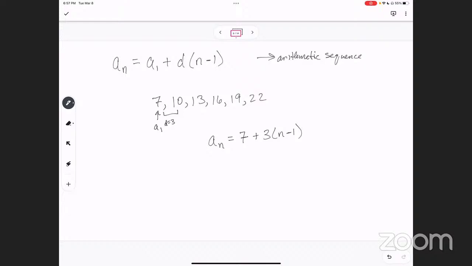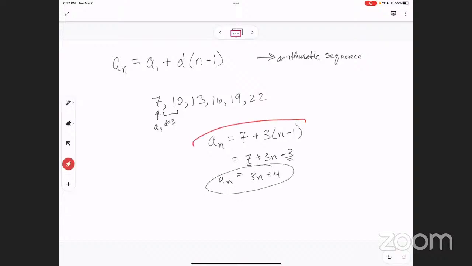Now you could simplify that if you wanted to, and sometimes they do have you simplify it, but that is the formula. If you wanted to simplify it, it would become 7 plus 3n minus 3, which just equals the 7 and the -3 add together. It's just 3n plus 4.